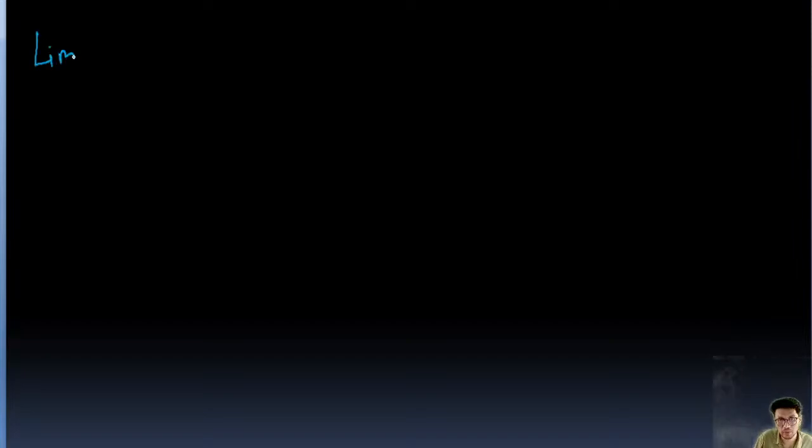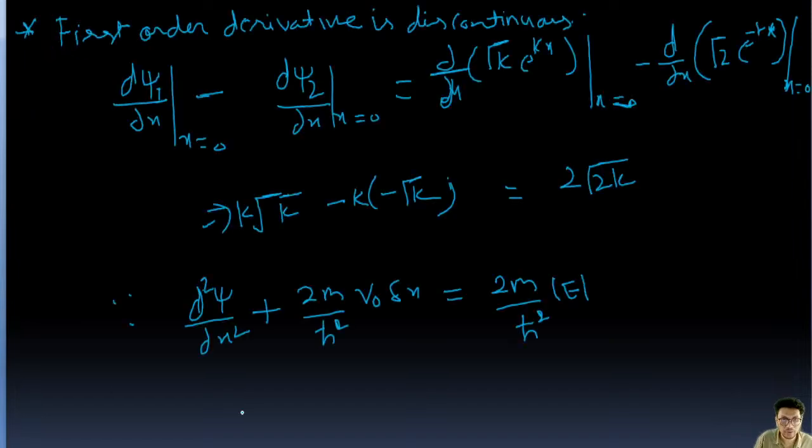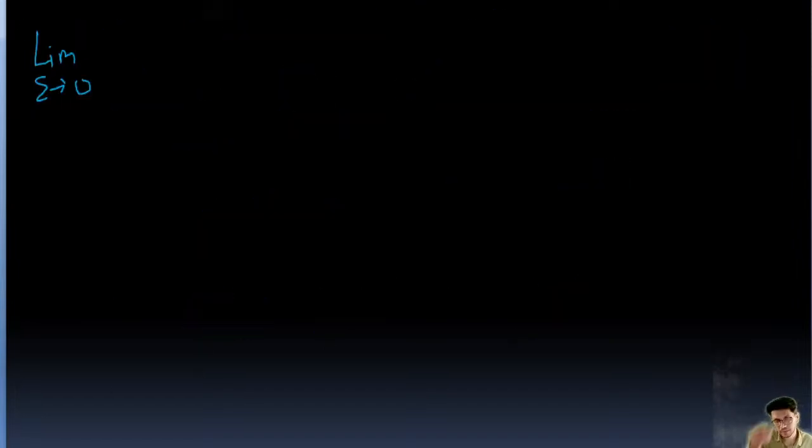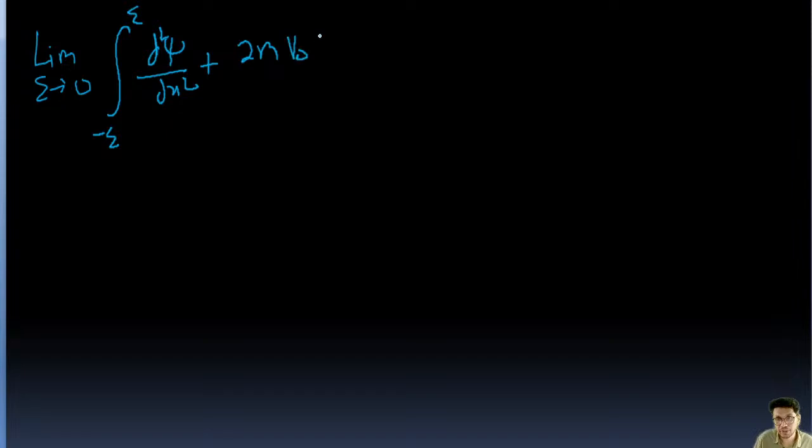This is going to be limit epsilon tends to 0, integrating from minus epsilon to plus epsilon, of d squared psi upon dx squared plus 2m V naught delta x upon h cut squared, psi dx.